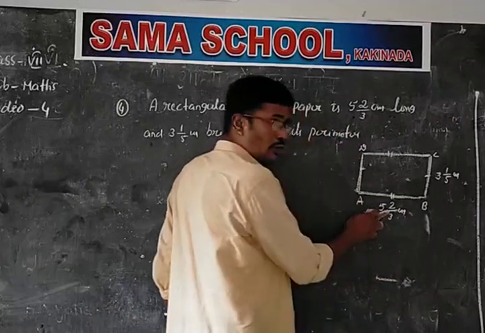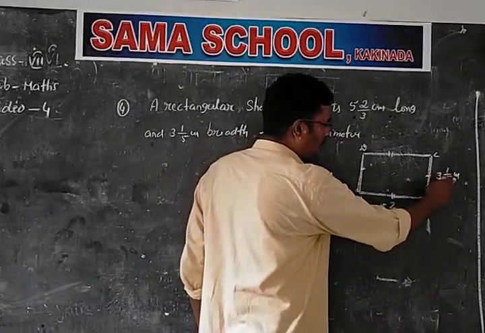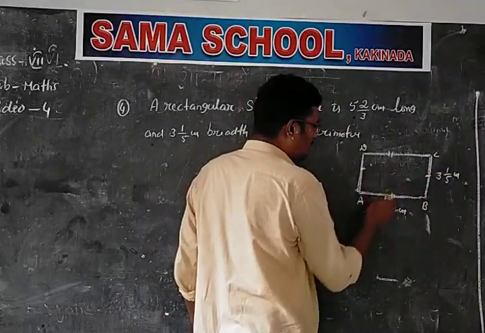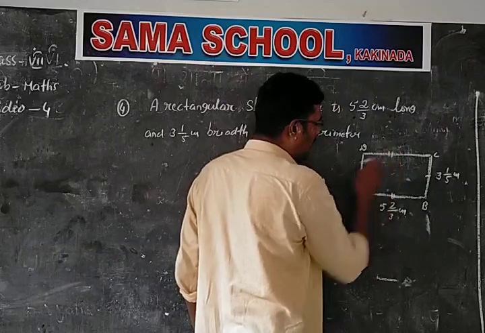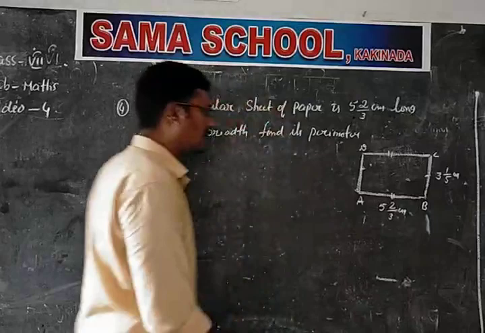L is equal to 5 2 by 3 centimeters, B is equal to 3 1 by 5 centimeters. The opposite sides are equal: this is also 5 2 by 3 centimeters, and the opposite side is also 3 1 by 5 centimeters.